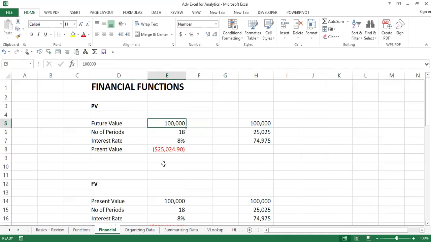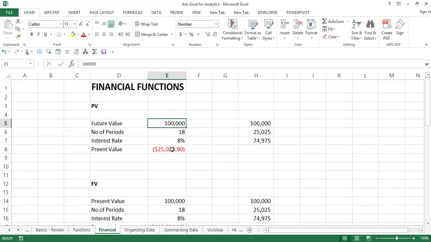For example, let's say you want to deposit a certain amount in a fixed deposit account at the rate of 8%, for a number of years, let's say 18 years, so that at the end of the period you have 100,000.